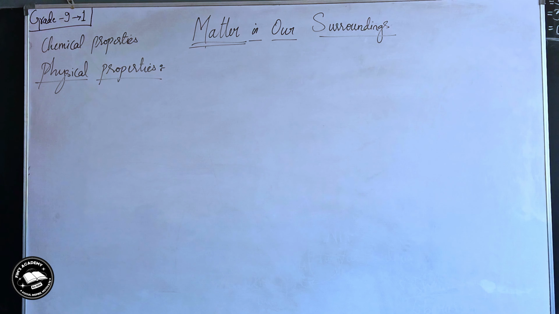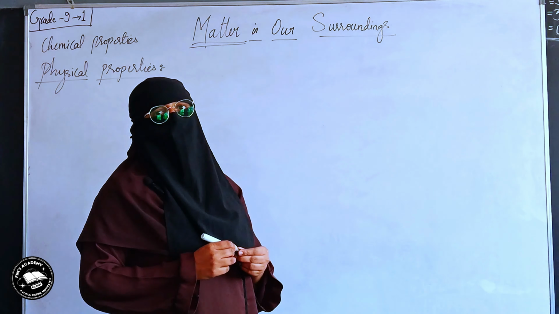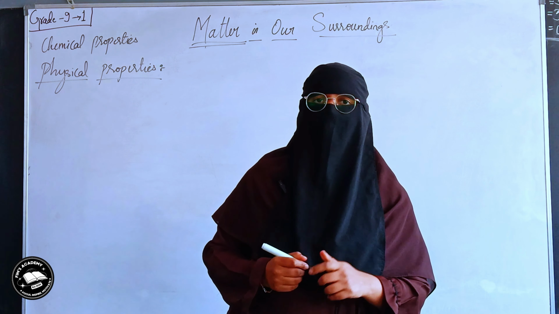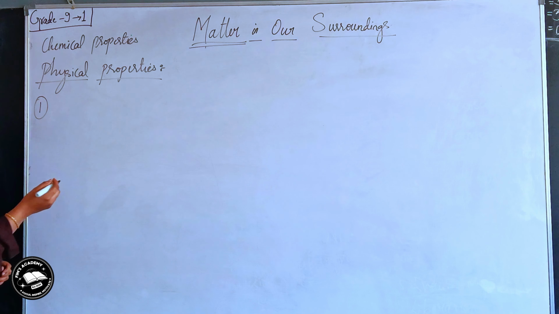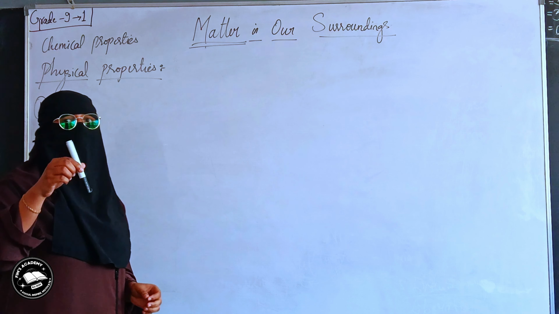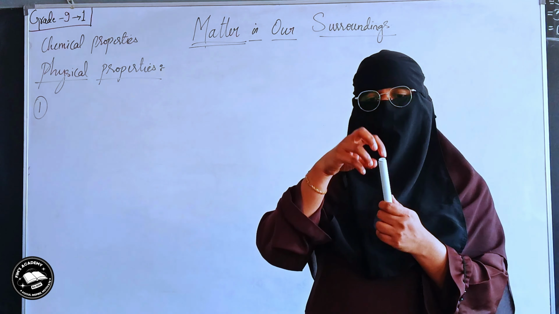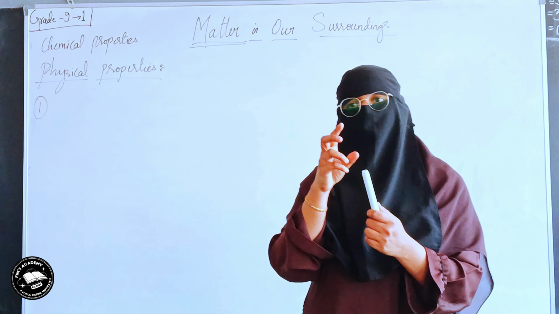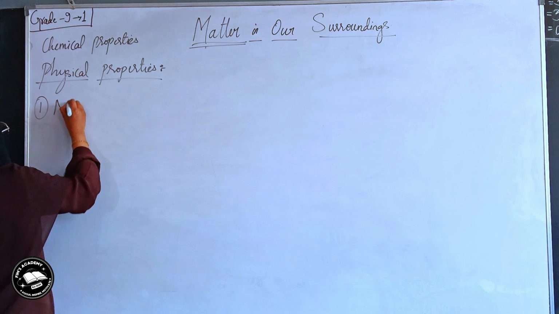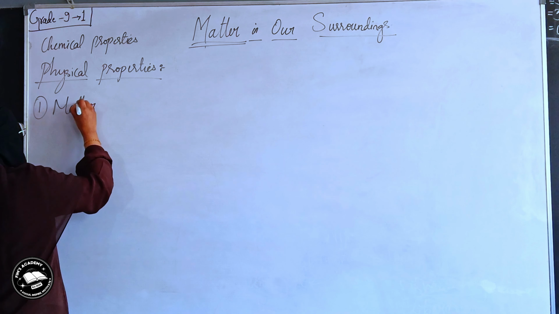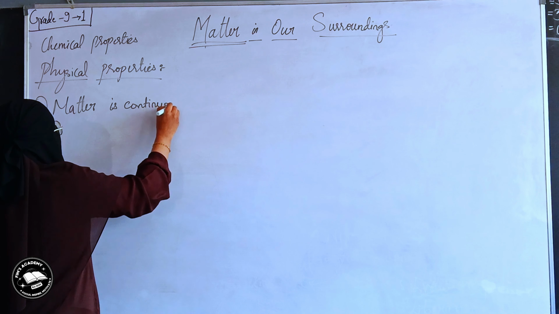So if I talk about the physical properties, there are two schools of thought. The first school says that matter is continuous, as how I have this marker in my hand. It is continuous, okay? There is no gap between the matter. That is what one of the schools of thought says.